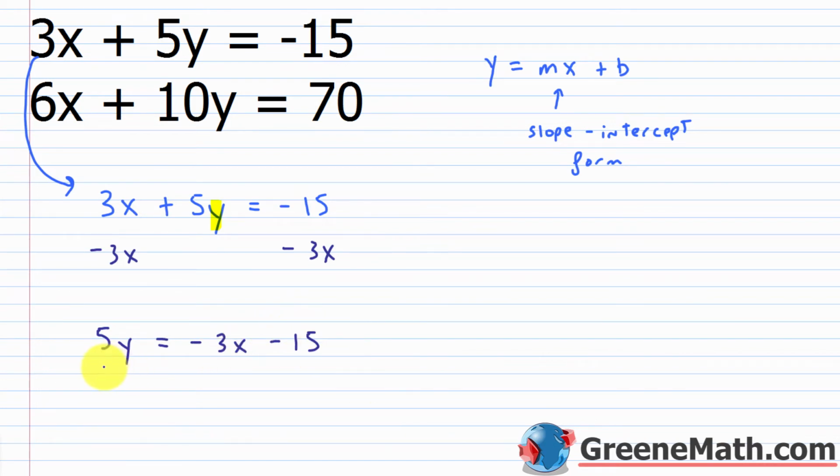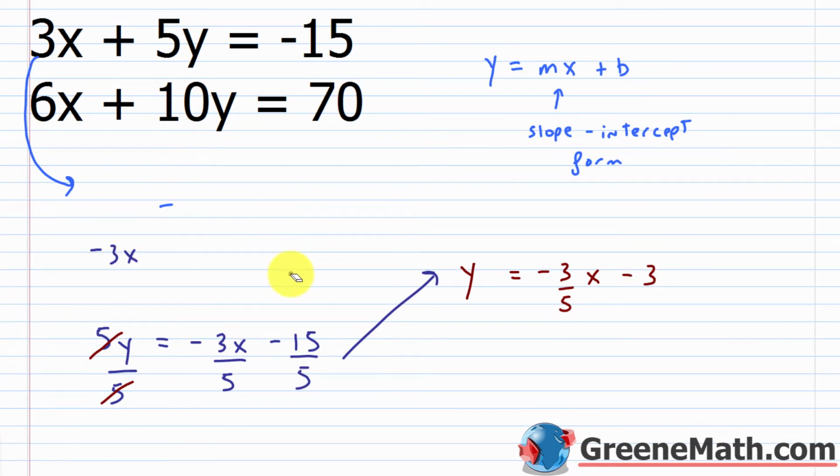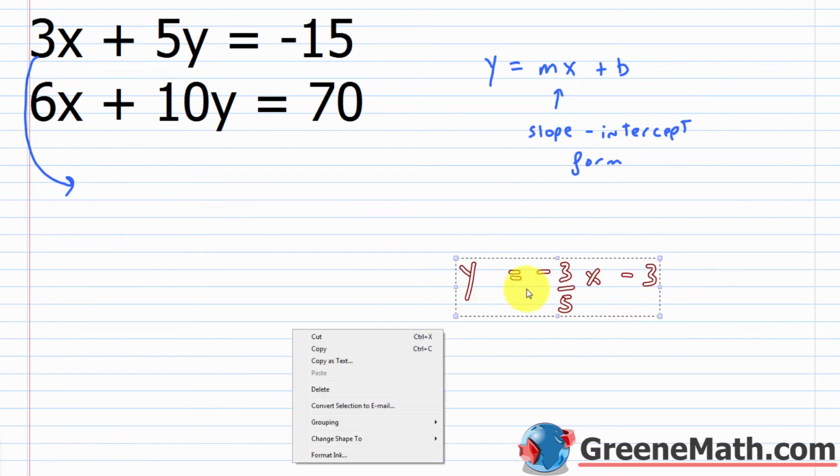Then I'm going to divide each side of the equation by 5. And what's that going to give me? Well, we know that this would cancel with this, so y is by itself. So y is equal to negative 3/5 x, and then minus 15 over 5, which is 3. So let's erase this, and I'm just going to drag this over here.